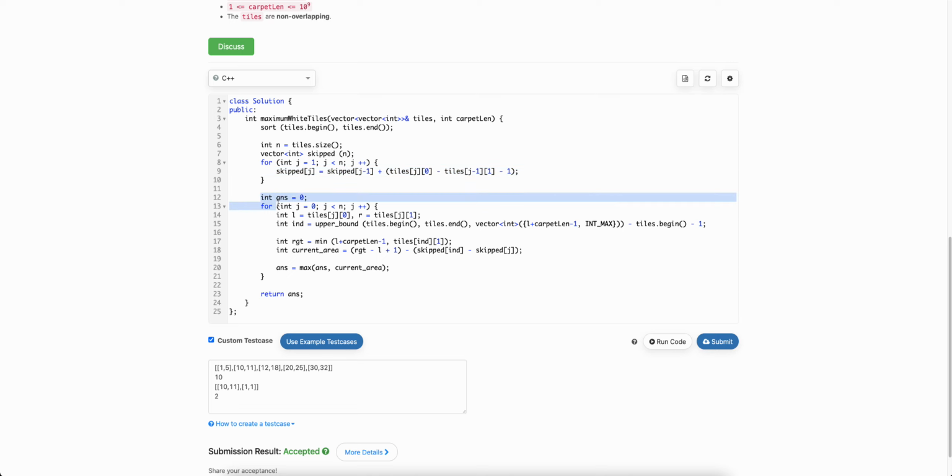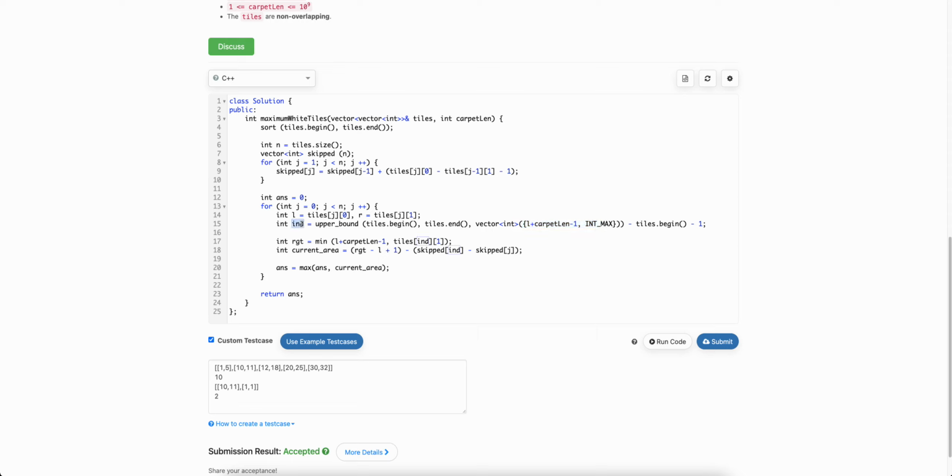Now, for each position, we are starting at each position and placing the carpet at L. So the carpet will end at L plus carpet length minus 1. We find the ending range which contains this L plus carpet length minus 1. This index will point to that.